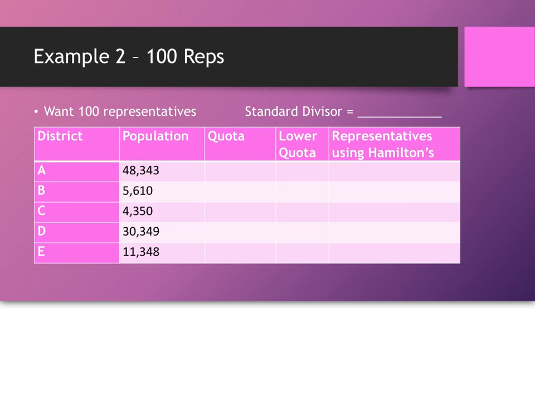And if you actually go out and calculate the populations, 48,343, we've changed them somewhat. And so all of the same principles work here. So we're going to take our population and add it all up. Now, of these 5 districts, it turns out, again, we have 100,000 people.